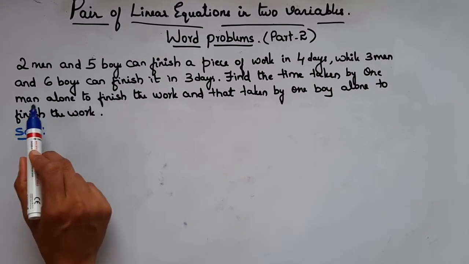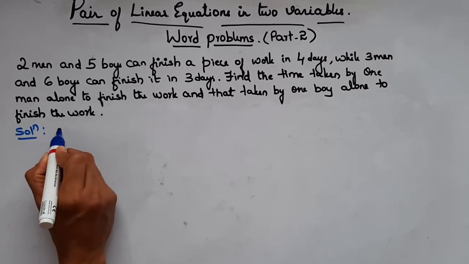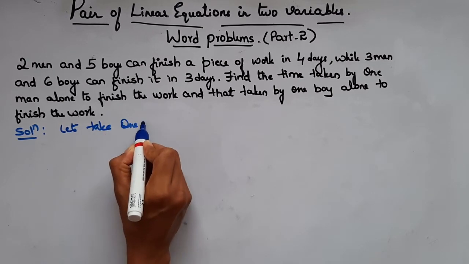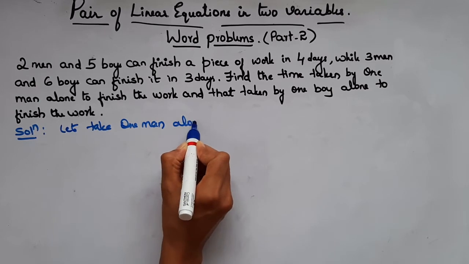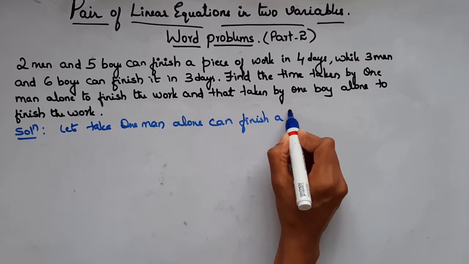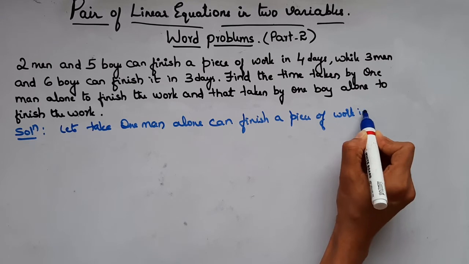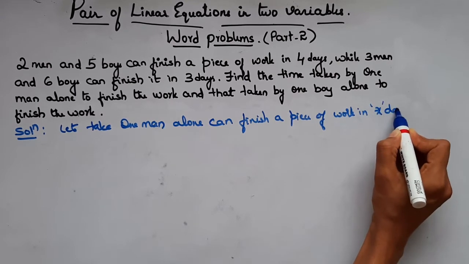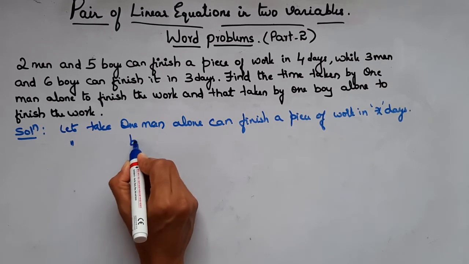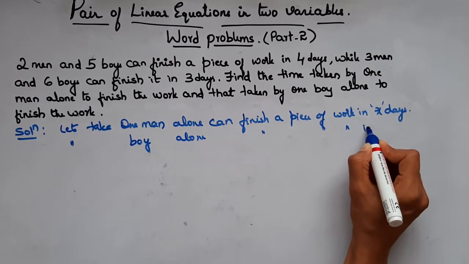So here let's take one man alone can finish a piece of work in X days. Similarly, let one boy alone can finish a piece of work in Y days.